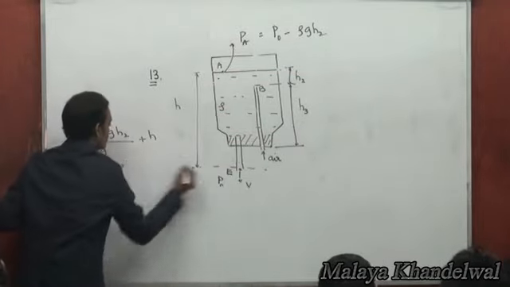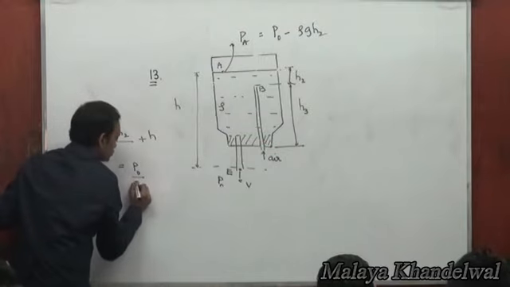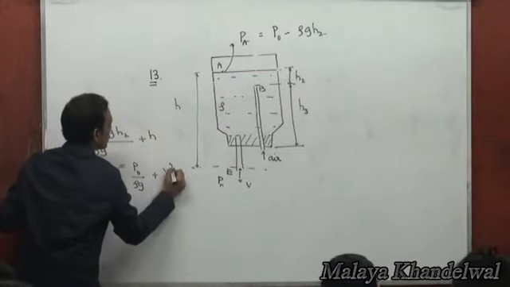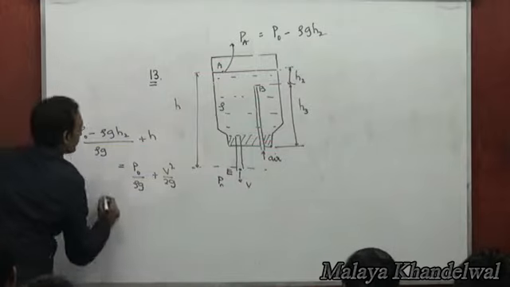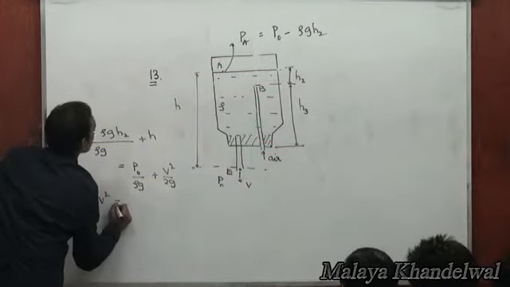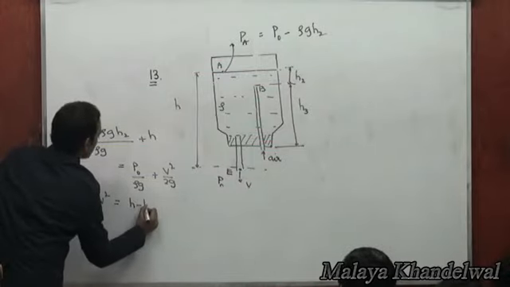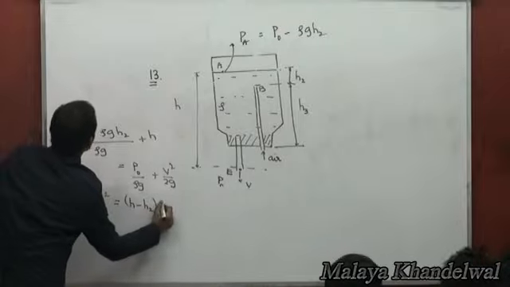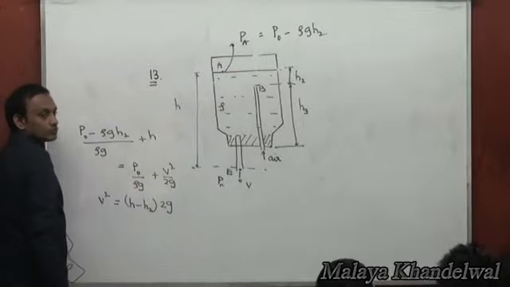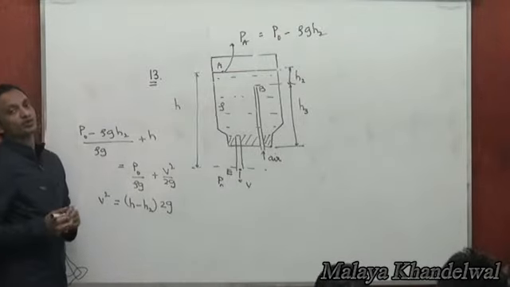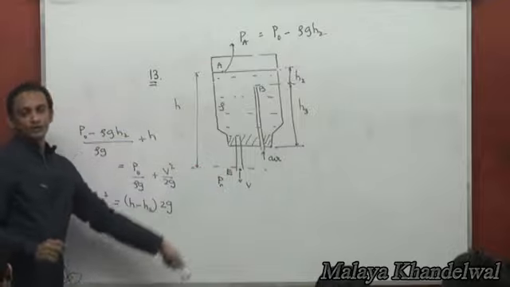That must equal the pressure here, which is P naught by rho G plus V squared by 2G. V squared then becomes H minus H2 into 2G. V is root 2G into H minus H2. That's the velocity with which the flow occurs.